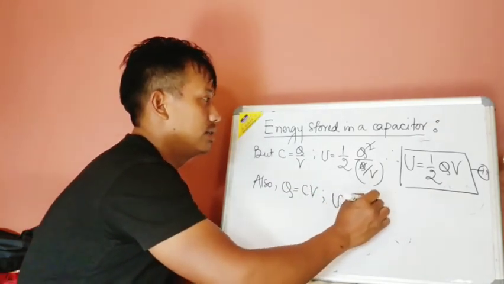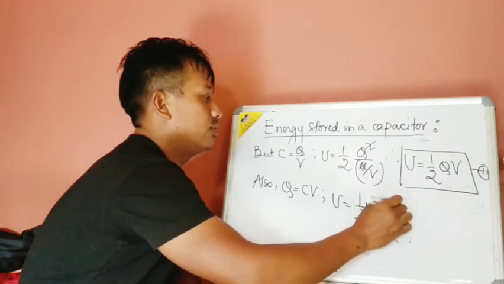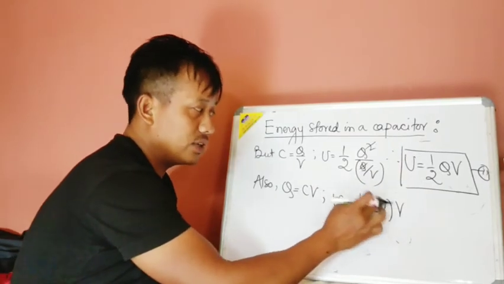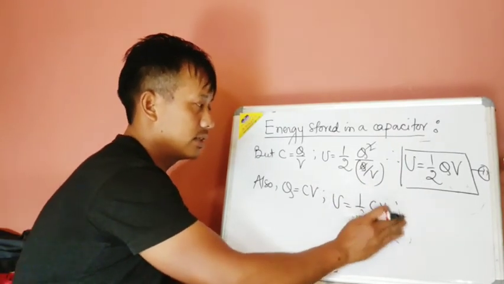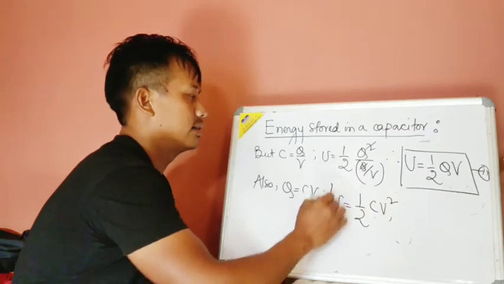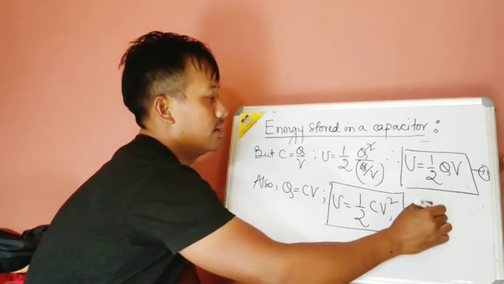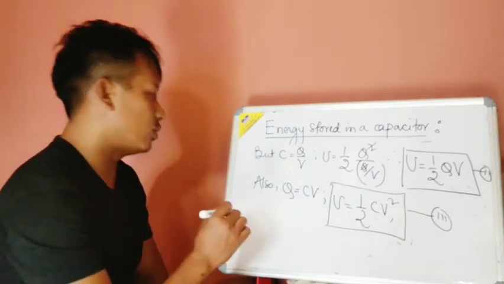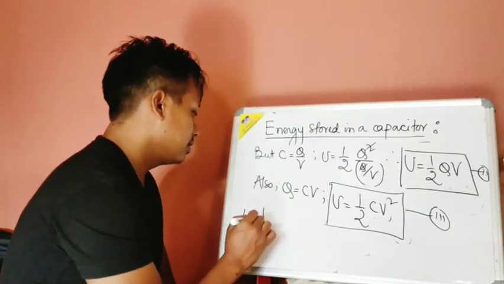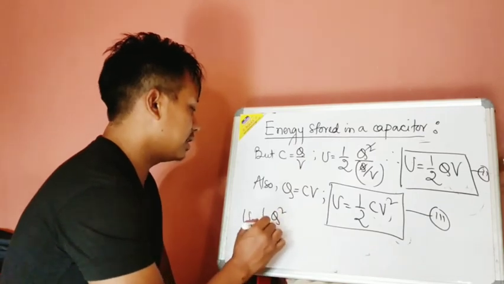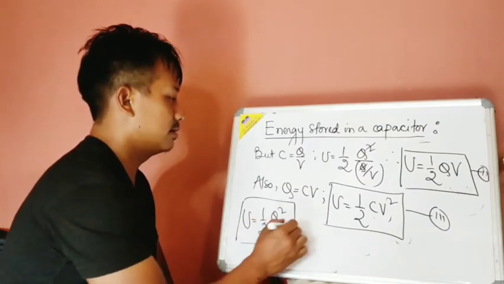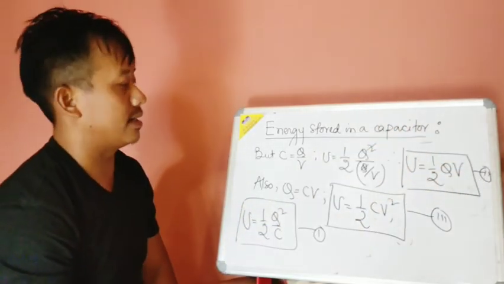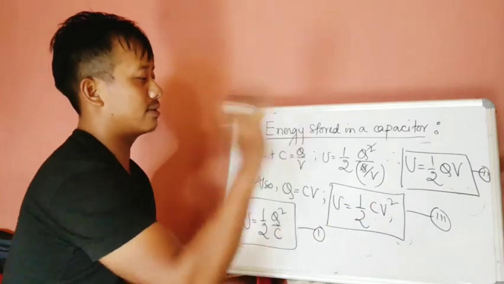Half CV into V gives half CV square. So this is yet another formula for energy stored in the charged capacitor. You have 3 formulas now: half Q square by C is the first formula, half QV is the second formula, and half CV square is the third formula.